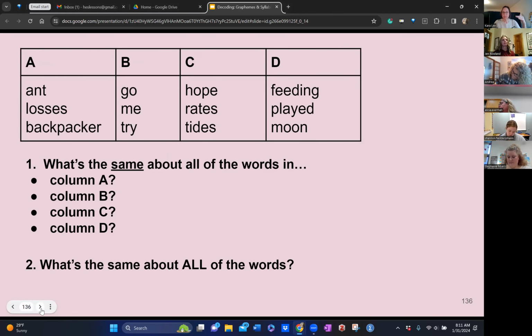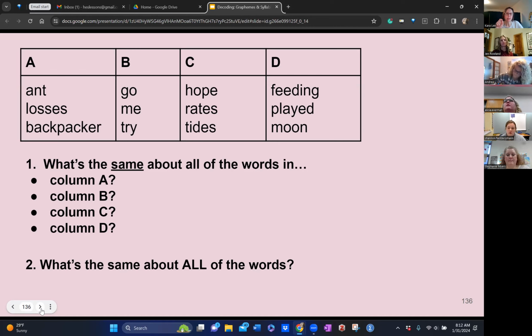Now my turn. Take a look, please, at the words in these different columns. You see, I have column A, column B, column C, column D. I want you to look at those and say them. Just read the words out loud. So you're looking at them and you're listening. I'll give you a moment to do that. And now I want you to think first, wait till I cue you.